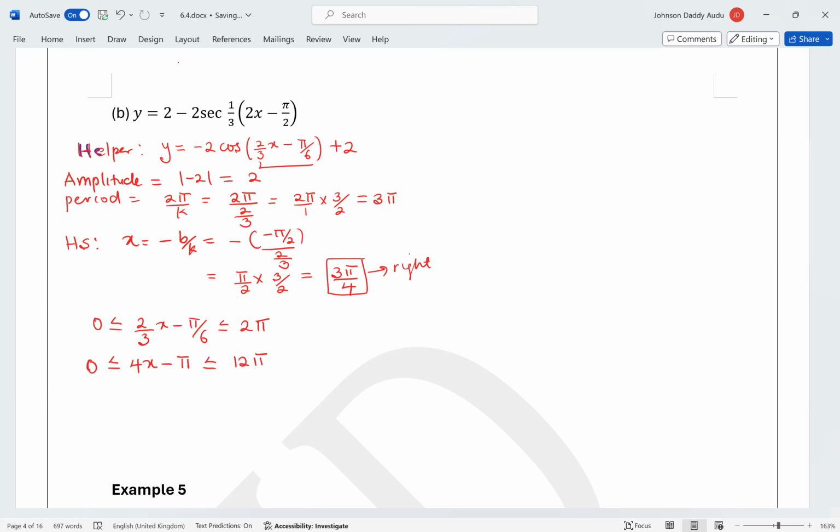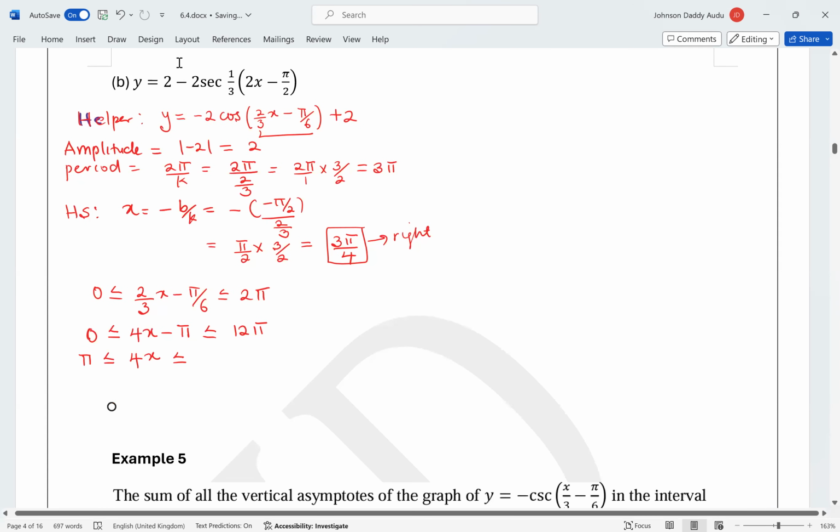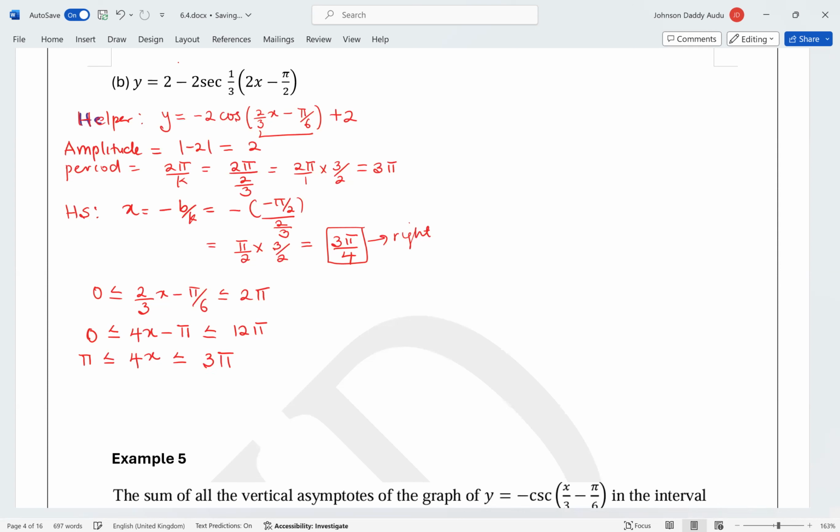So if we add pi everywhere, pi is less than or equal to 4x, and this is less than, adding pi, 13 pi.